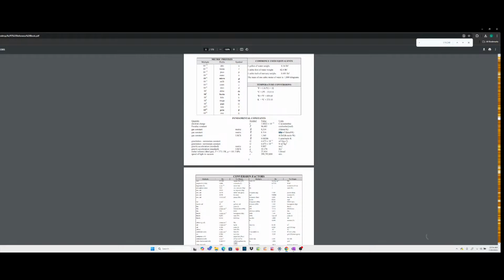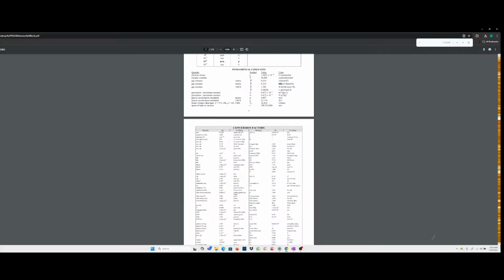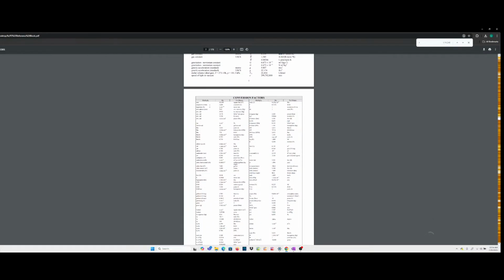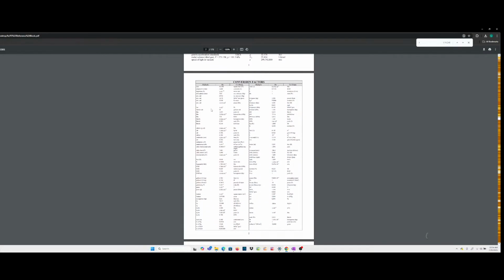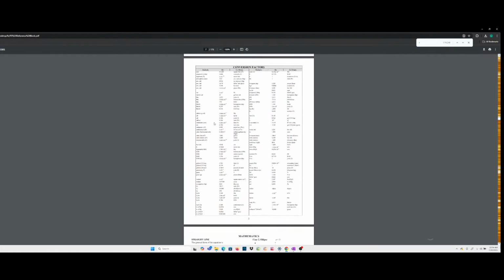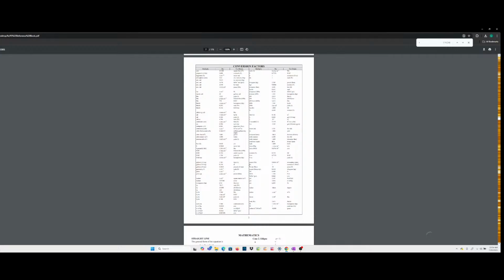Most stuff is about conversion. We have to go to this table and see what the relationship is for atmosphere to kilopascals.